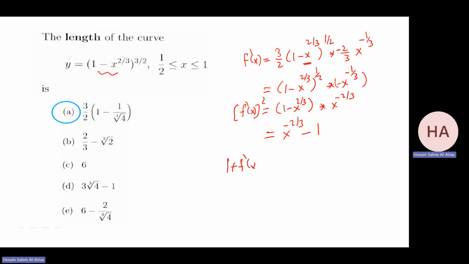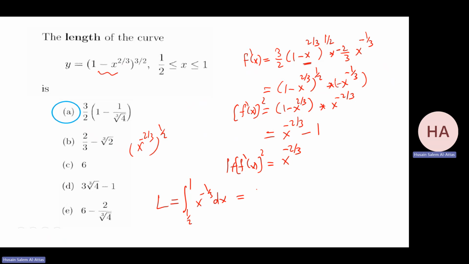So 1 plus f prime square, that will give me 1 minus 1 cancelled, x to the power minus 2 over 3. Okay. So L will be from half to 1, square root of this, x to the power minus 1 over 3 dx.